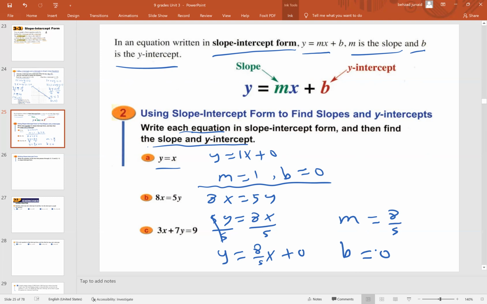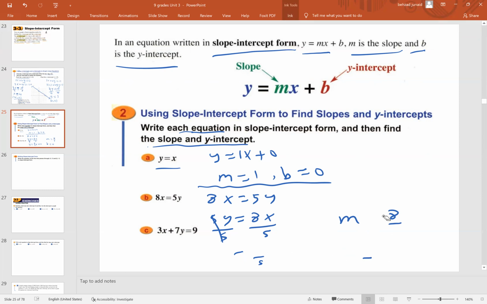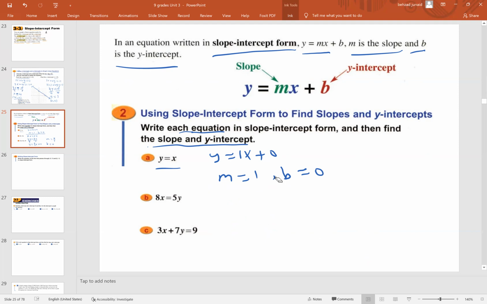Equation C, let me remove the text because you don't have too much space to explain or solve the last equation. Letter C, 3x plus 7y equals 9.